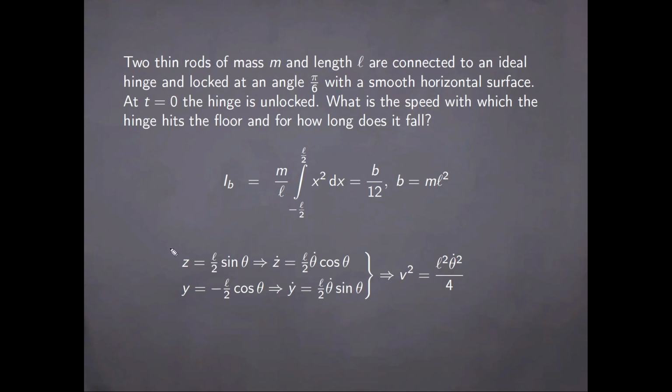And if we are assuming that the entire system is in the YZ plane, we can easily write the Z and Y coordinates for each center of mass in terms of the angle between the origin of the coordinate system, which is assumed to be at the middle beneath the hinge, and the center of mass. So knowing these coordinates, we can calculate the corresponding components of the velocity, and we can calculate the squared velocity for the center of mass of each rod.